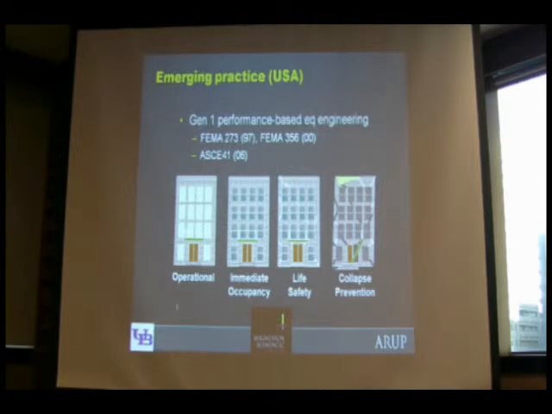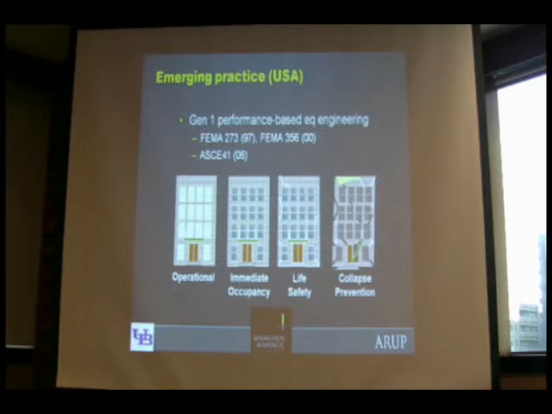If I move to the left, operational is kind of self-explanatory, and it differs from immediate occupancy only in the sense that if the building is operational, you require gas, power, and perhaps other utilities. The provision of off-site utilities is problematic after major earthquakes.